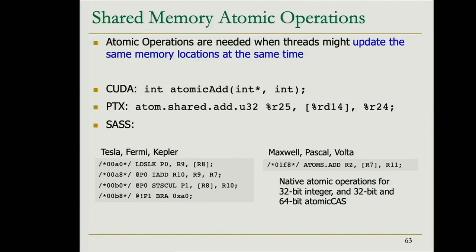So if we have two threads belonging to the same warp and they both want to update the same location, they have to contend for one lock. I don't need to say where these locks are. You can guess where they are inside the shared memory. So they contend, and only one of them can actually gain the access and lock the access to the specific memory location.